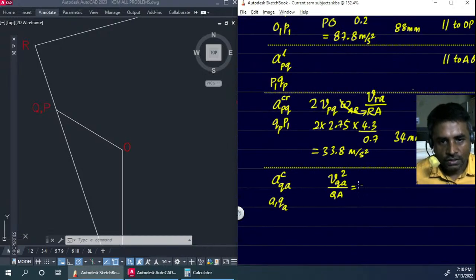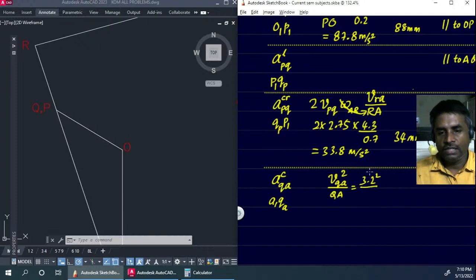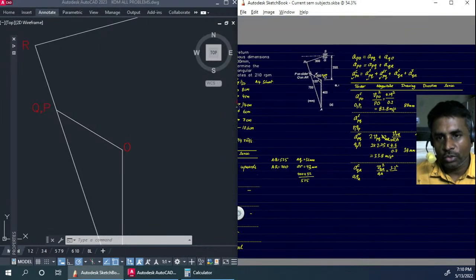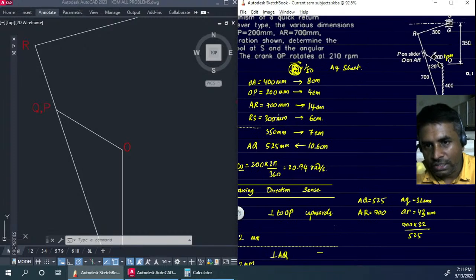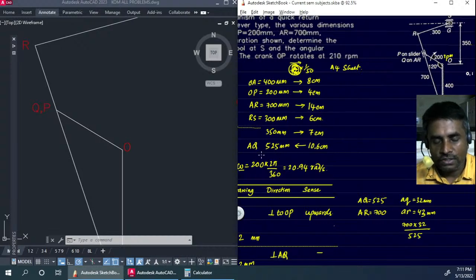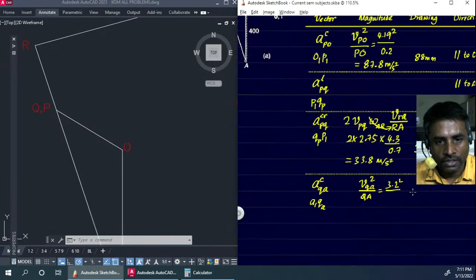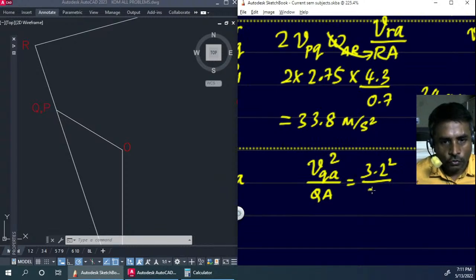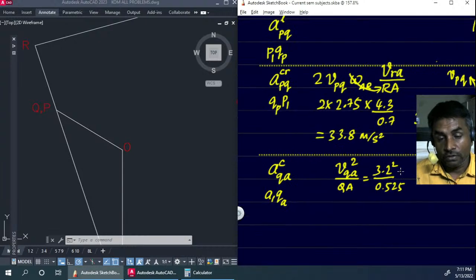So that is 3.2 meters per second, square of that divided by length QA. So QA length, we'll have to take its actual length, mind it. So QA or AQ, that's 525 mm. So that's going to be 0.525, because we are taking it in meters here.